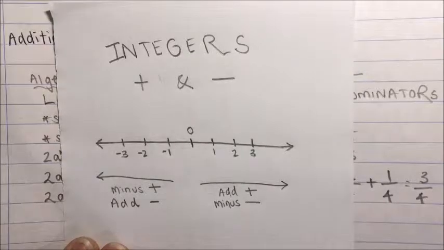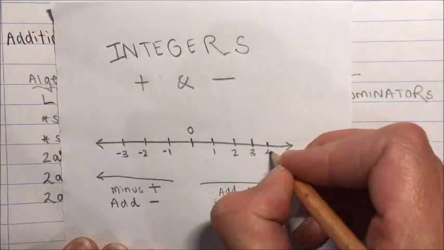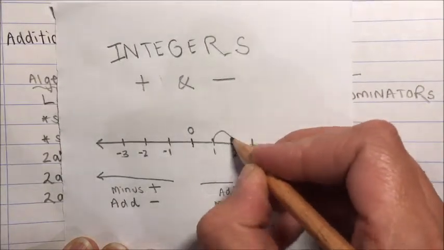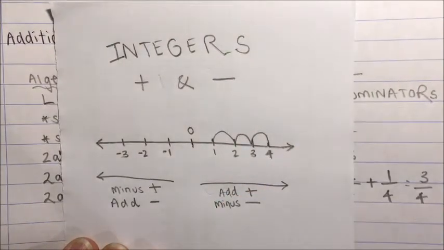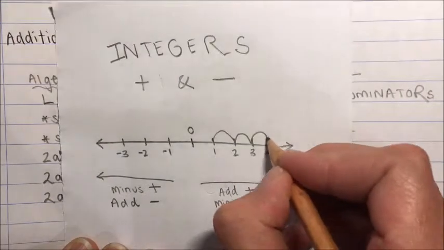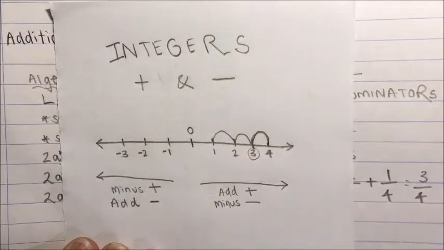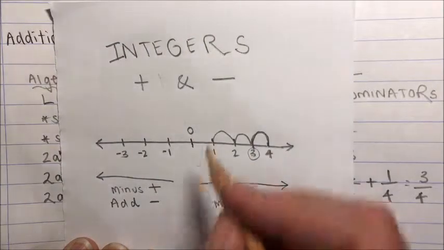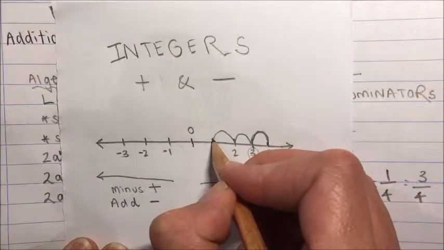So a couple of quick little examples, like 1 plus 3. Oh, I better give it a little 4 here. So 1 plus 3 is 4. 4 minus 1. I'll start on 4. I'll move down here and I end up on 3. So I minus a positive, I move to the left. Let's start on 1 and add -2.